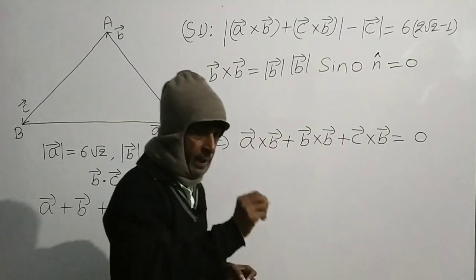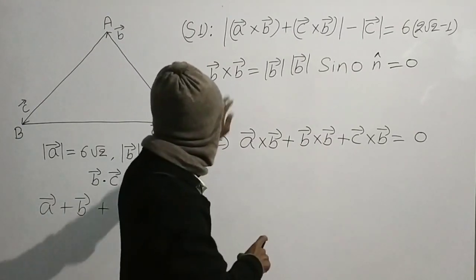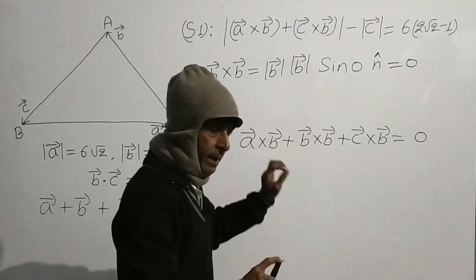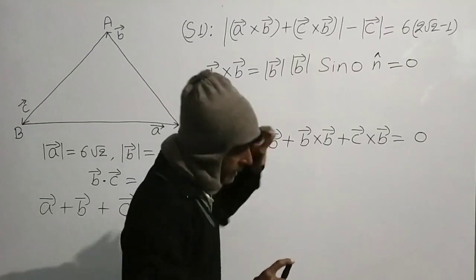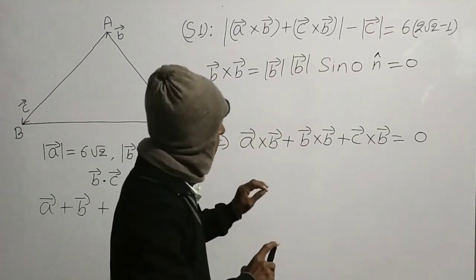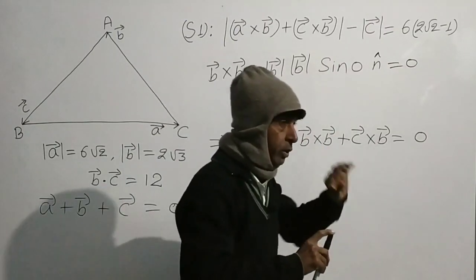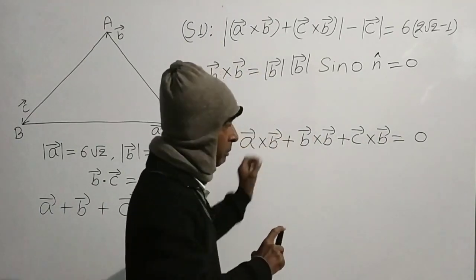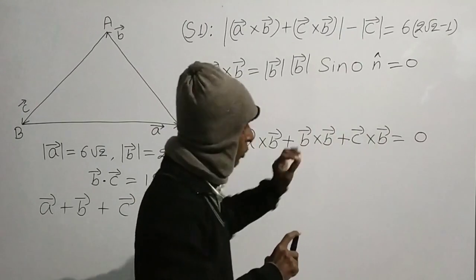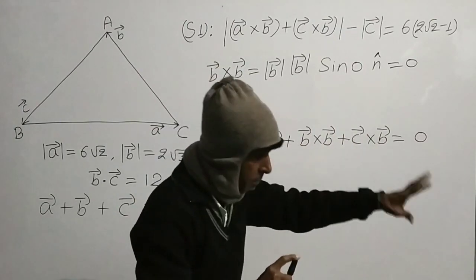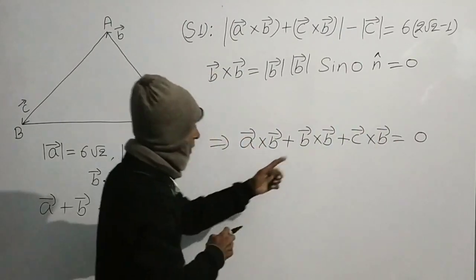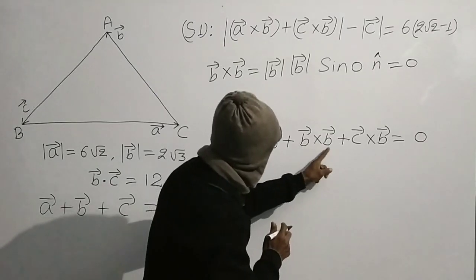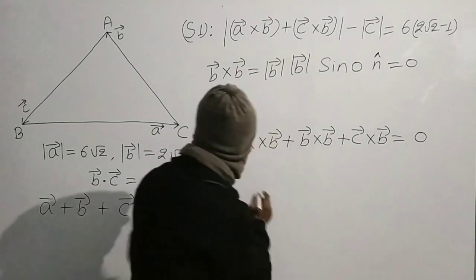Cross product of any vector with itself is always equal to 0. Therefore, A cross A will be 0, B cross B will be 0, C cross C will be 0. Therefore, this B cross B will be 0.